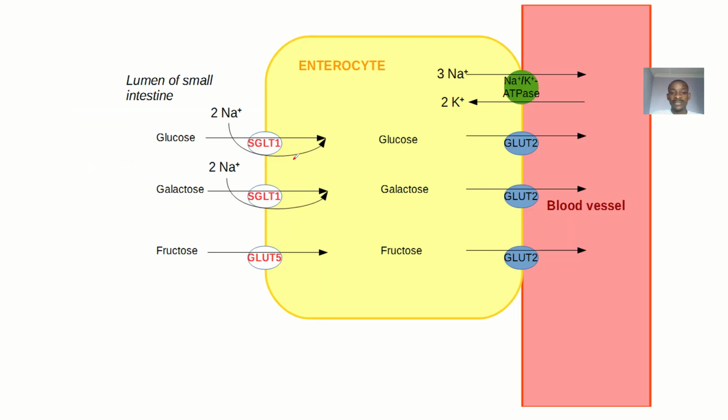We've spoken about this. All right. SGLT1 and the GLUT5, all right? Then the GLUT2, that's the glucose transporter 2, facilitates how the monosaccharides will move out from that place into the bloodstream.